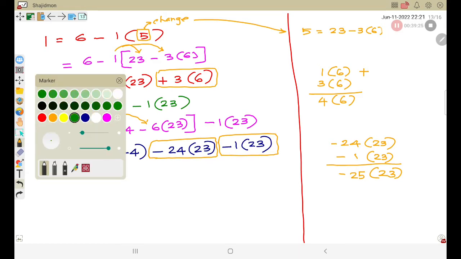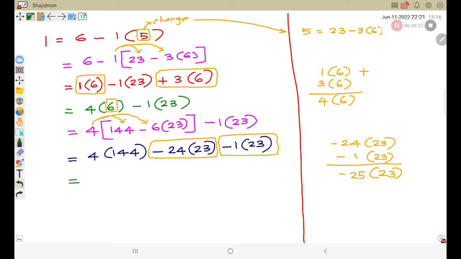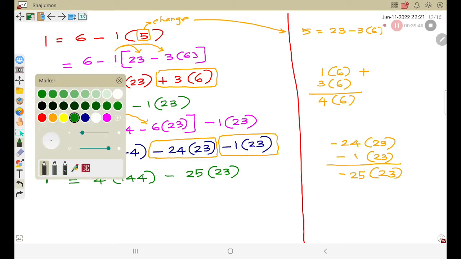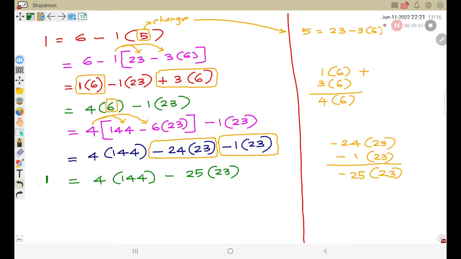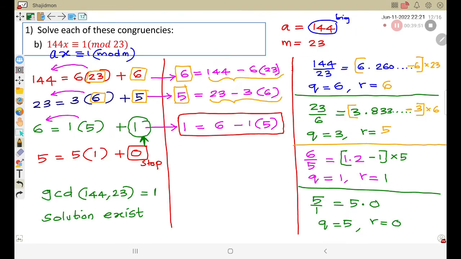So we can replace that: equals 4 multiply 144 minus 25 multiply 23 together, correct? So where did we start? We started from number 1. So number 1 we started with, correct? So this number, the GCD of the numbers 144 and 23. What are the numbers 144 and 23?